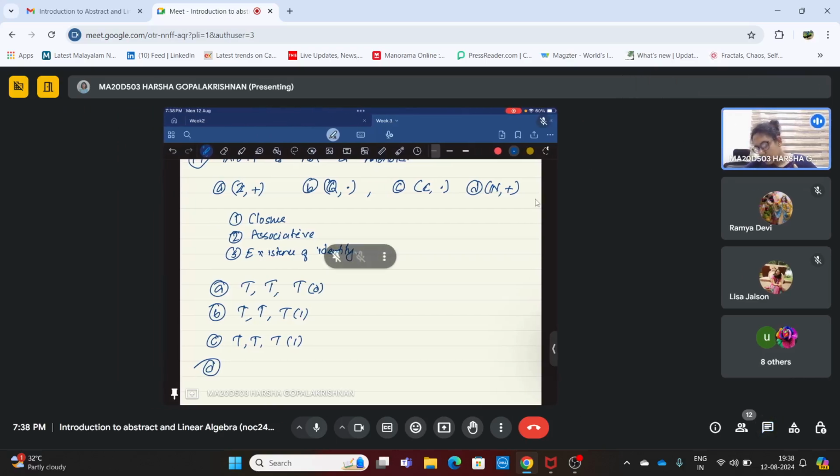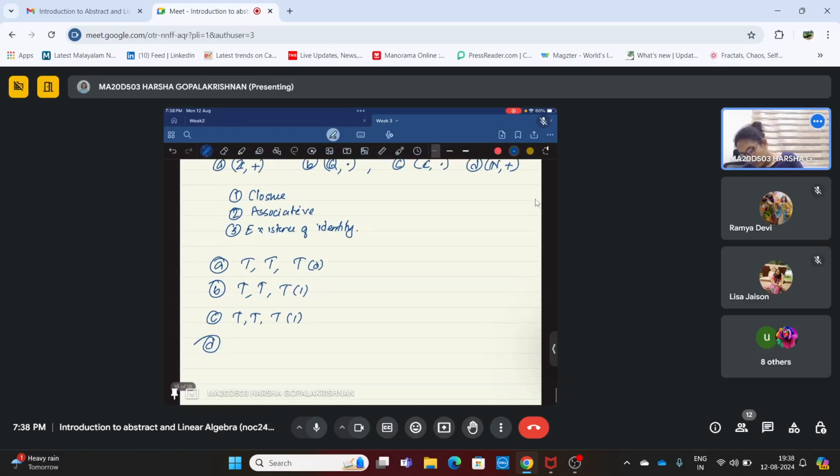Clearly the closure property is satisfied because the sum of natural numbers is a natural number. And associativity also holds, it is just addition. So these two hold, but the third one does not hold. What is that? It is the existence of identity.